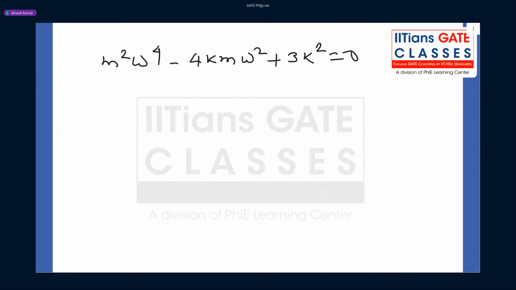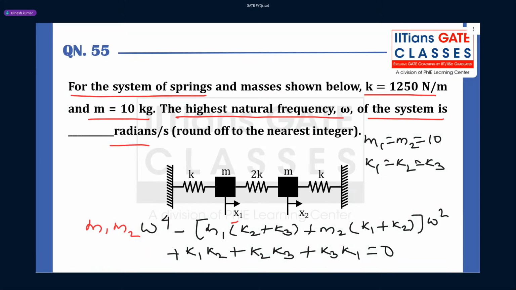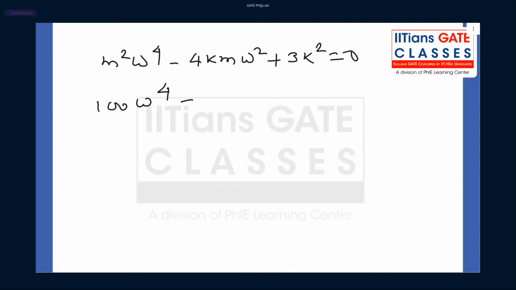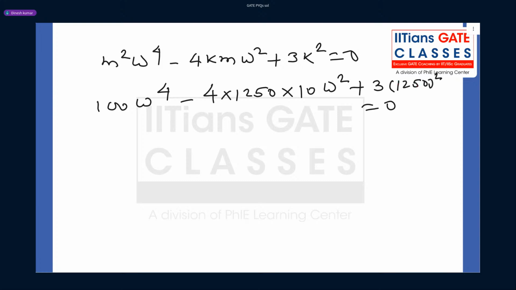So it is 100 omega power 4 minus, what is the k and m? So it is 20, k is 1250, right? So 4 into 1250 into 10 omega square plus 3 into 1250 square equal to 0.